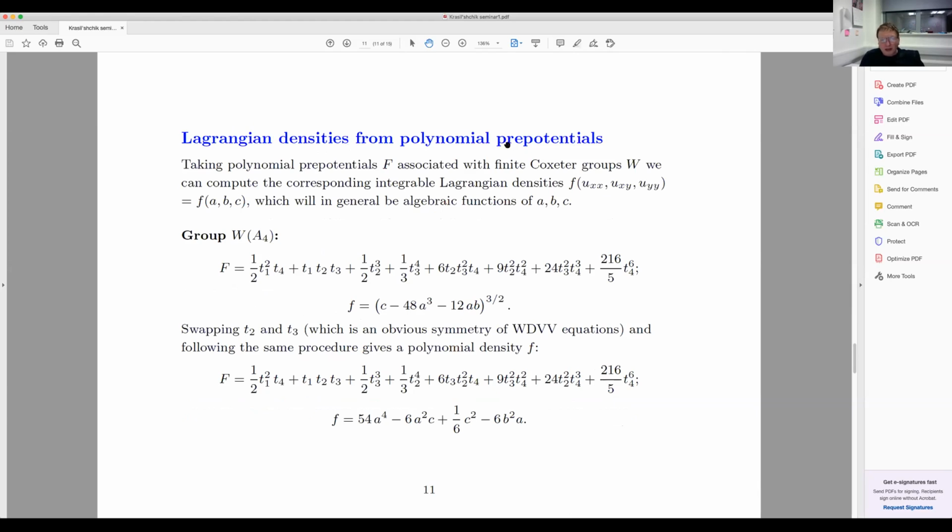There is a classification of prepotentials with nice symmetry associated with Coxeter groups. With any such prepotential, I can associate my Lagrangian density. In general, it will be an algebraic function in A, B, C. In some cases, it will be a polynomial function.